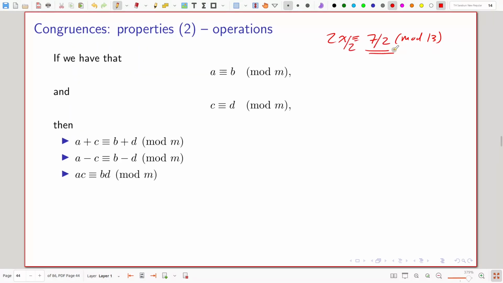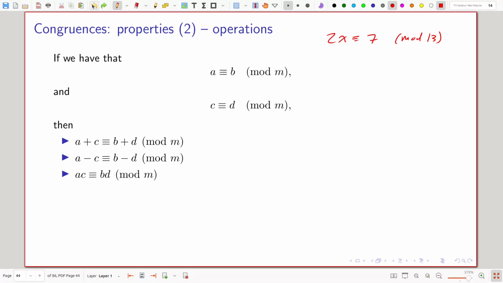But you cannot divide 7 by 2 because then you get a number which is not an integer. We really love integers. If you divide 7 by 2, you get 3.5, and that will be really bad for us. We want integers. So that's what we will learn now.